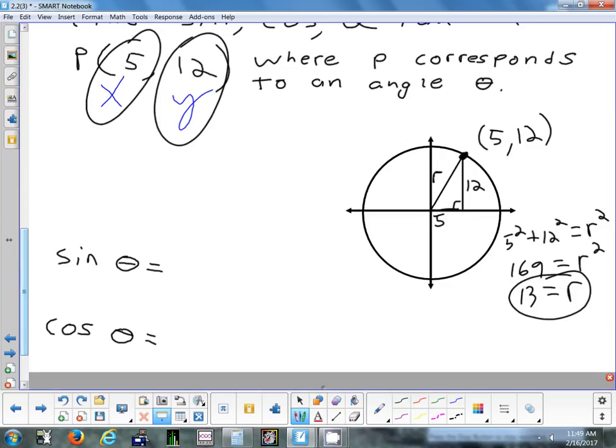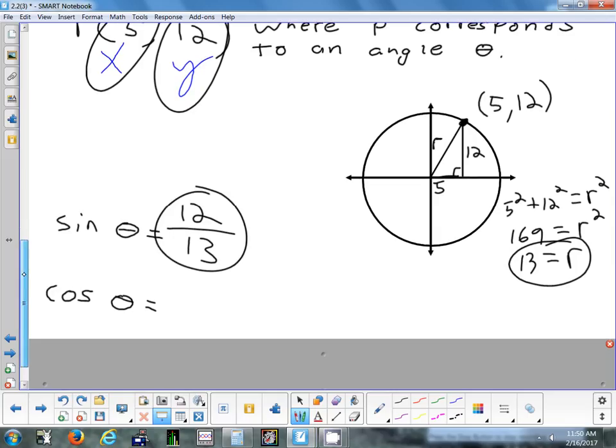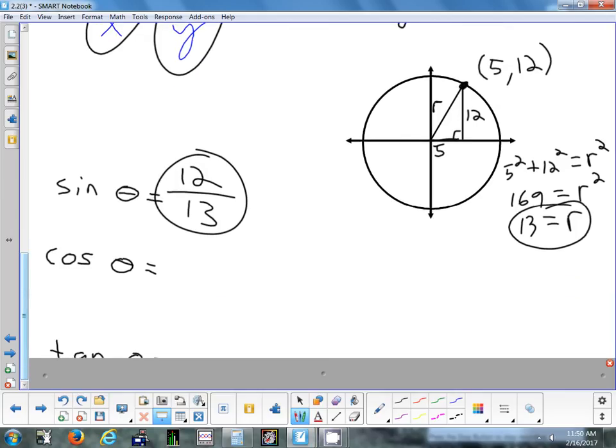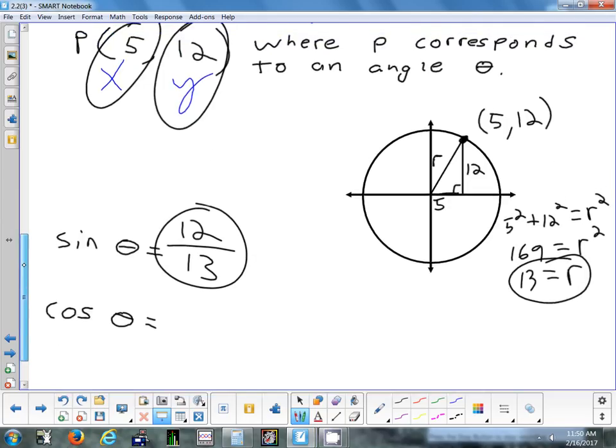Okay. What's y in this case? Well, Marcos? 12? Yep. Over what's r? 13. Okay. There's the sine, 12/13. Okay. What's my formula, Emma? What's the formula for cosine? Just the value of x.